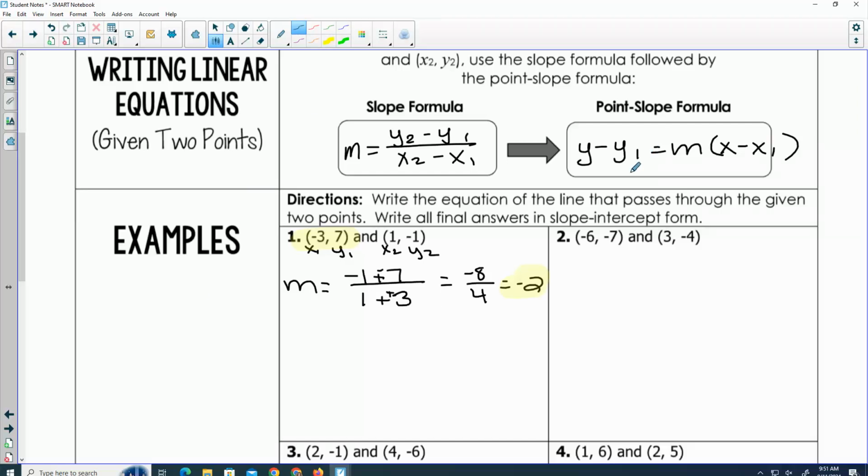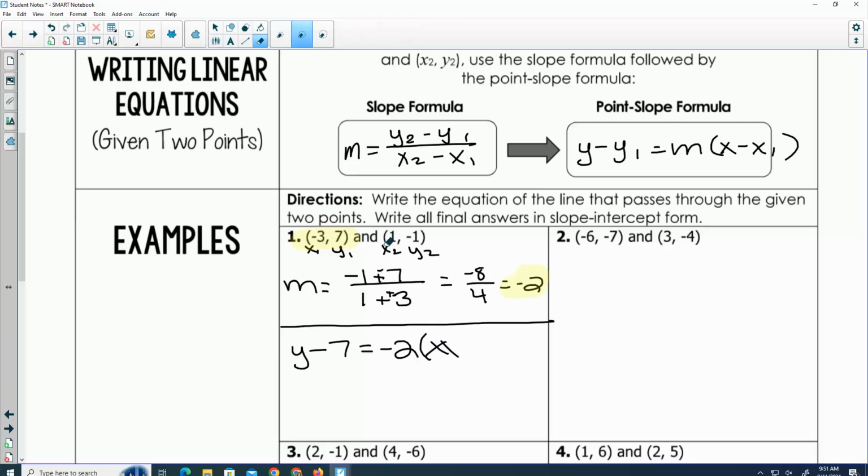Now I'm doing my point slope formula to get my equation. So y is the variable, y minus my y1 was 7 equals m, -2, times x minus x1, which was -3.